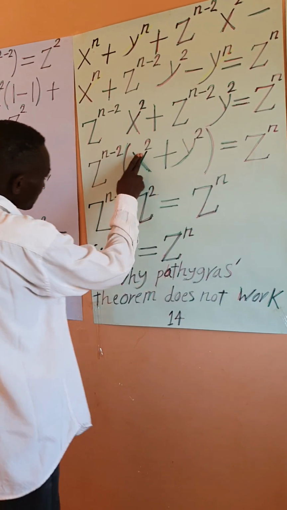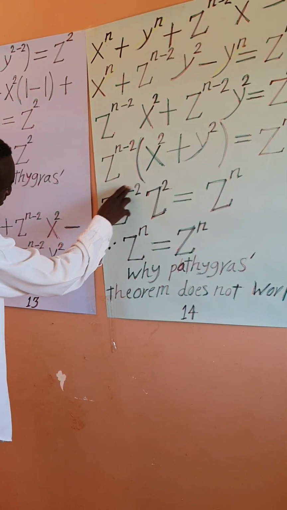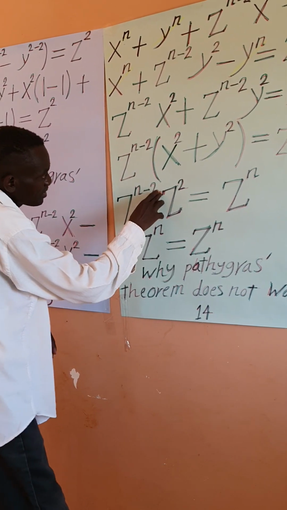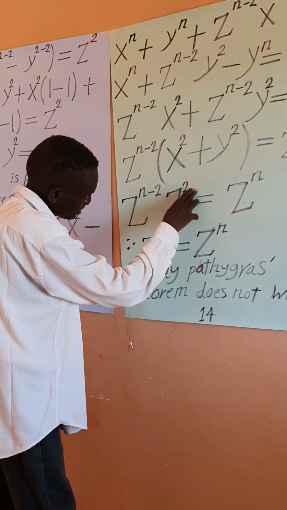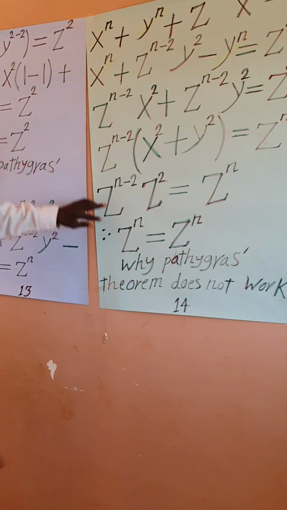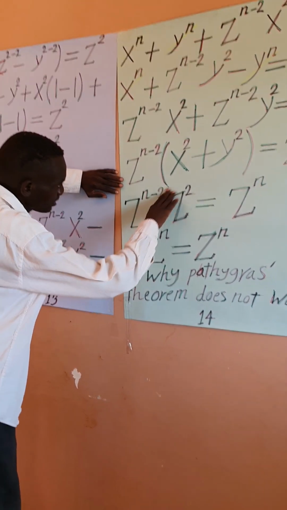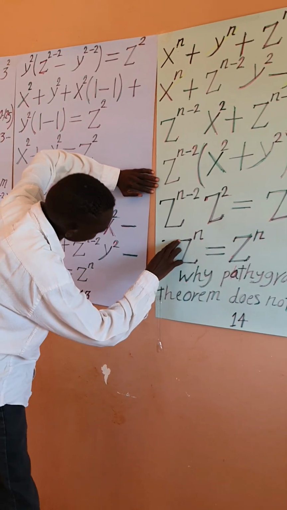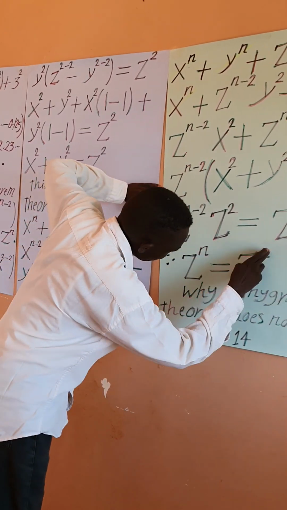This quantity equals z squared. z to n minus 2 times z squared equals z to n. If we add the exponents, we get z to n equals z to n.